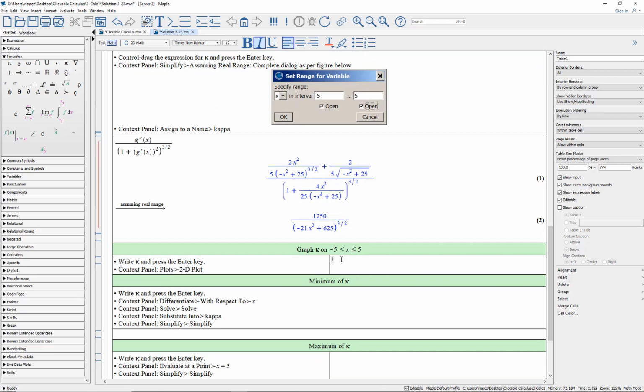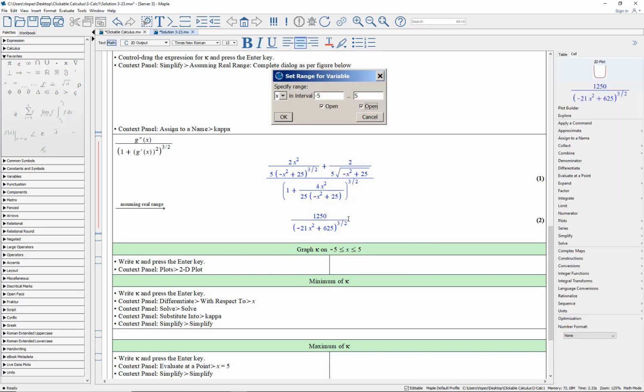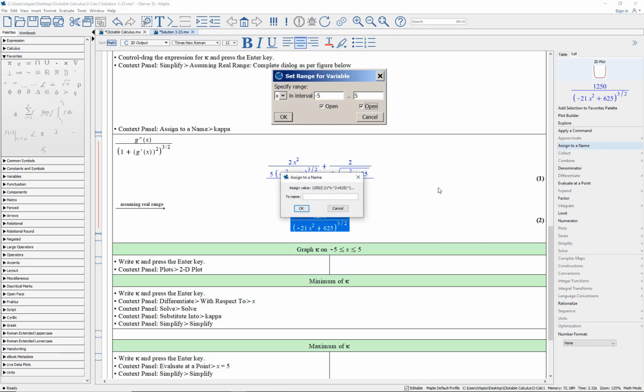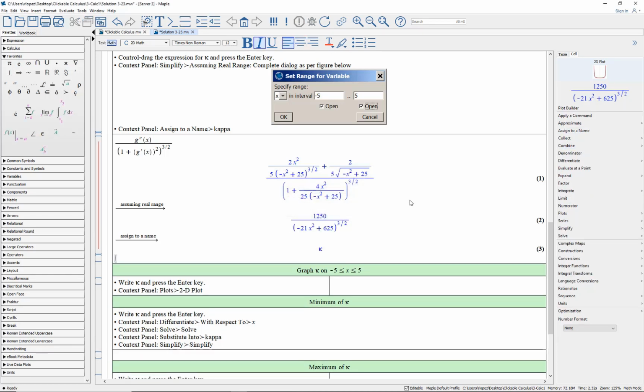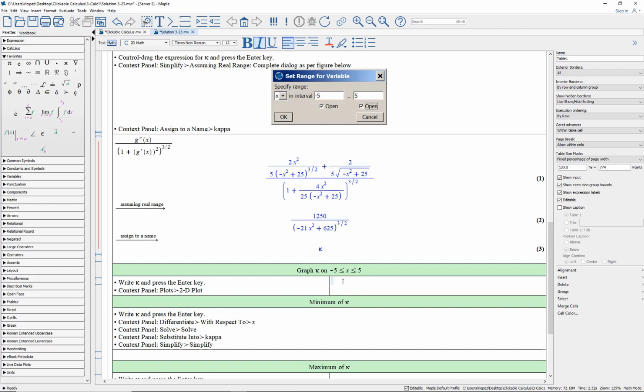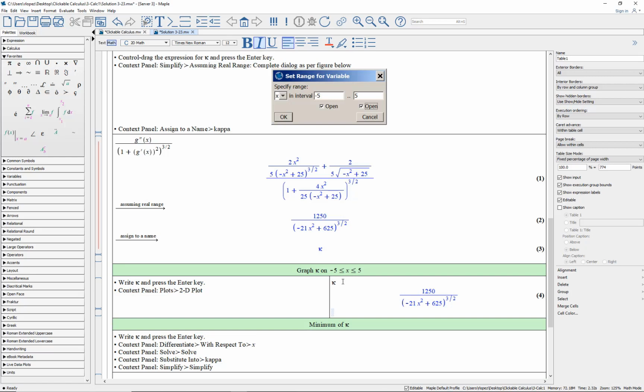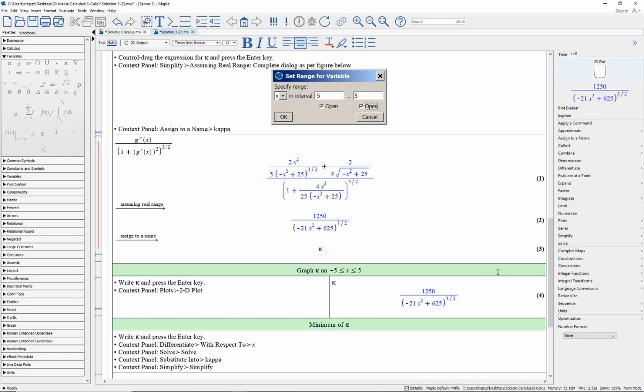So let's graph the curvature. Simplest way to be dealing with that would be to give this a name, kappa, and then we can reference kappa more easily and draw its graph.